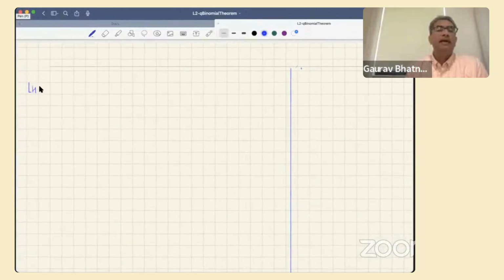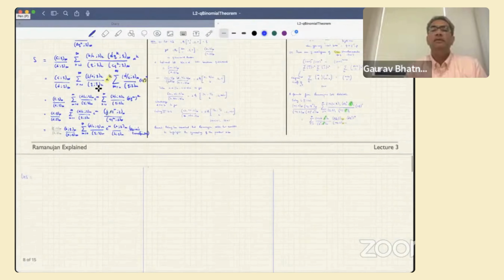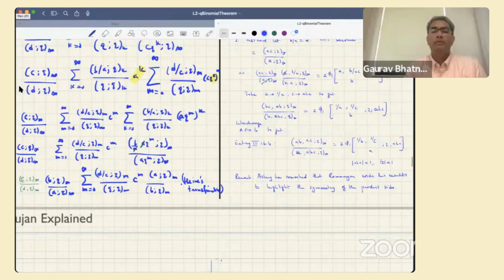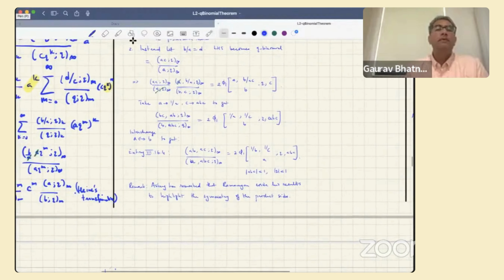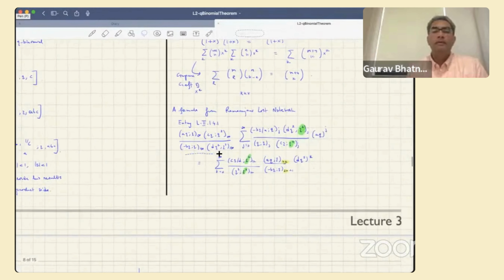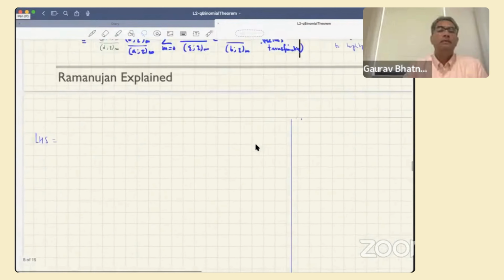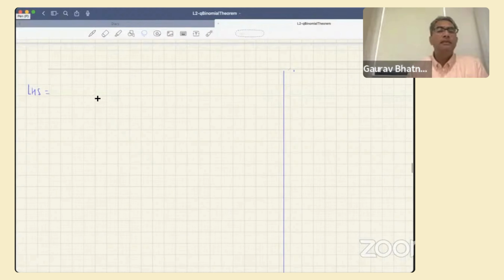Yeah, so left-hand side is equal to, let me just bring this here. Where are we? Just copy it and paste it here.